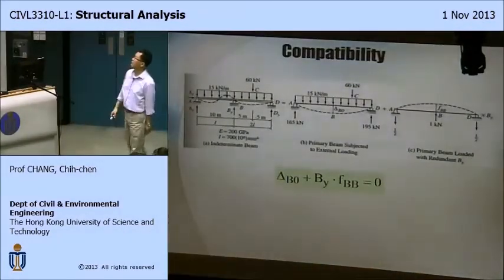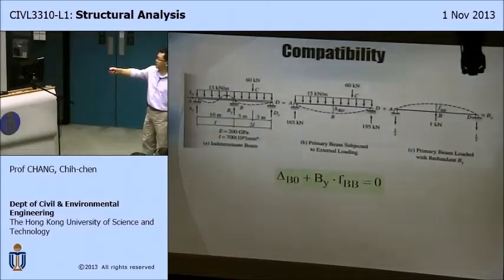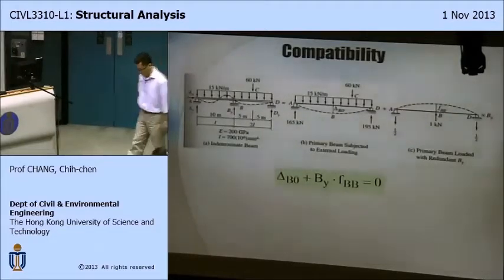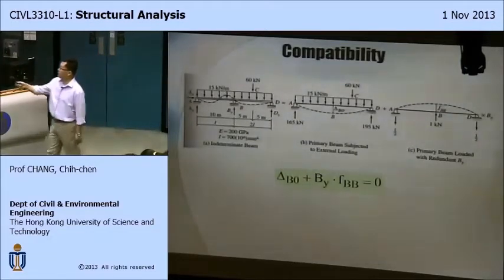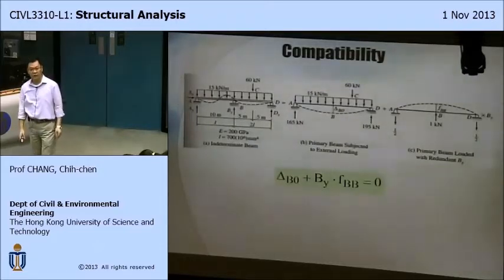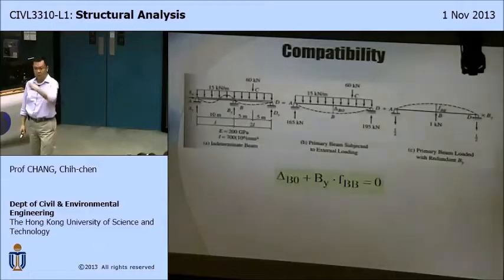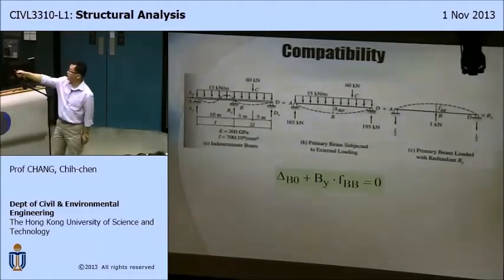So let's see. This is hinge, roller, roller. So 1 degree indeterminacy. So you need to choose 1 redundant force. So remove that redundant force. So I choose By as my redundant force. Remove that redundant force.